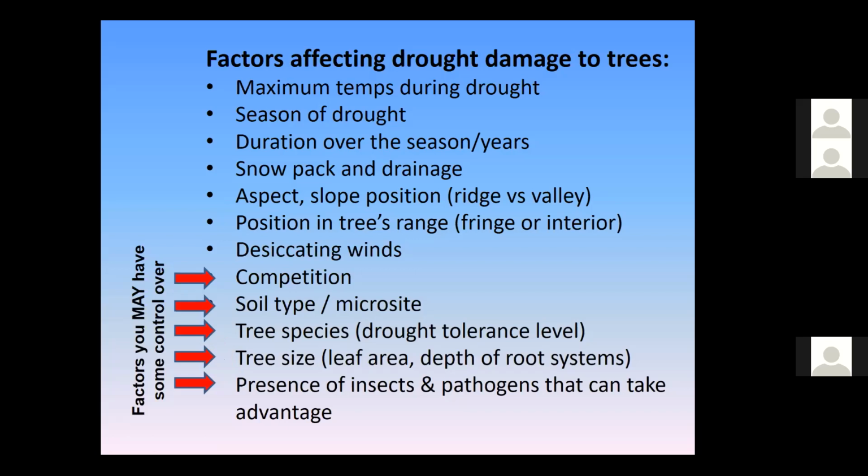So the smaller trees, they have shallower root systems, so it's harder for them to get to that deeper water. And also they have less leaf area than the bigger trees. And so when you have a weather event that comes along and damages all the new foliage that's more succulent, then that's just going to be a higher percentage of the whole tree's foliage that's affected.